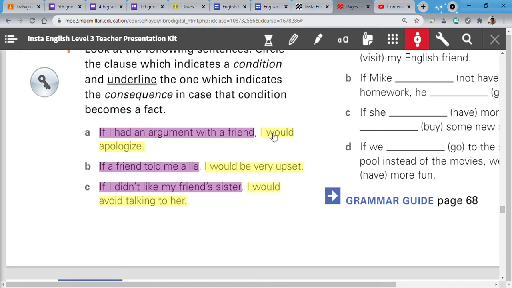And the consequence is also imaginary. For example, if a friend told me a lie, okay, my friends don't tell me lies. If I didn't like my friend's sister, okay, I love my friend's sister. It's an imaginary situation. And the consequence, remember, is also imaginary.